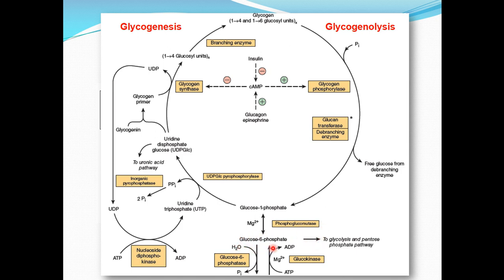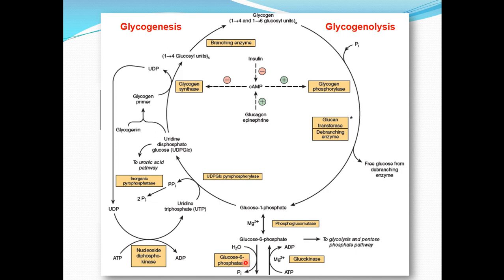Now this glucose 6-phosphate in exercising muscles enters glycolysis and yields energy. But in the liver, glucose 6-phosphate is converted into glucose by the action of glucose 6-phosphatase, which is present in liver.